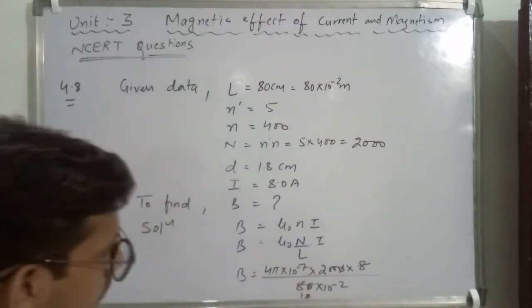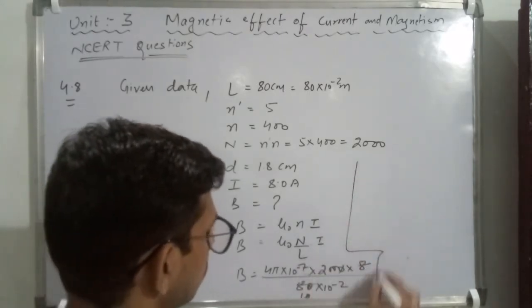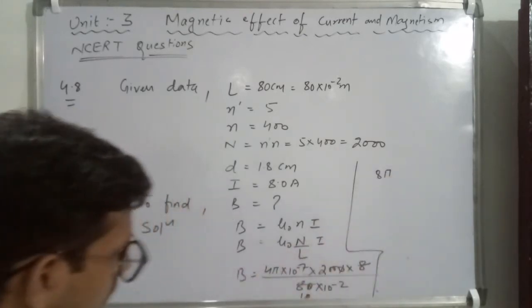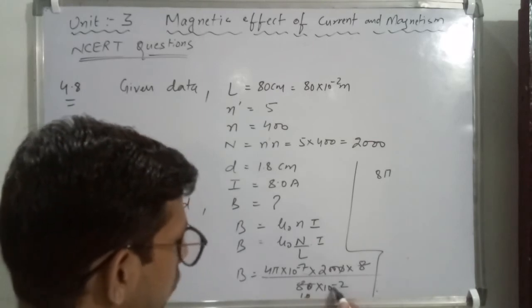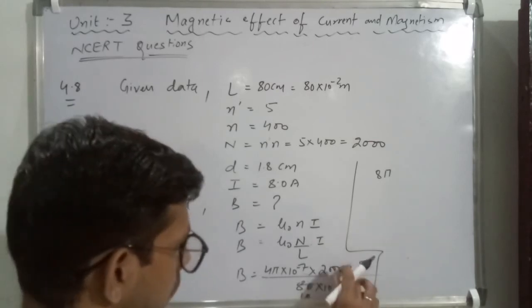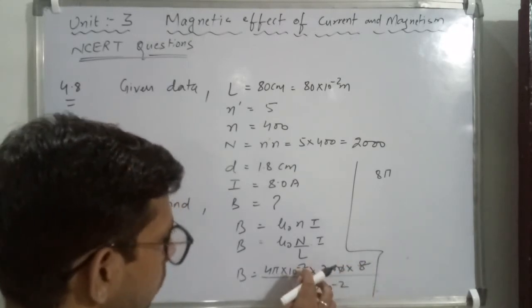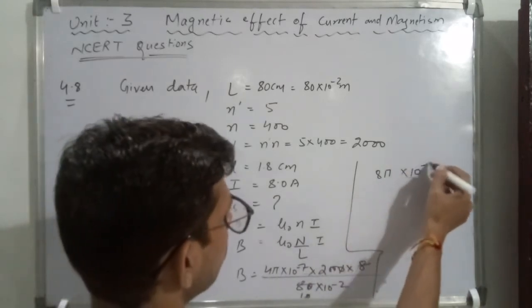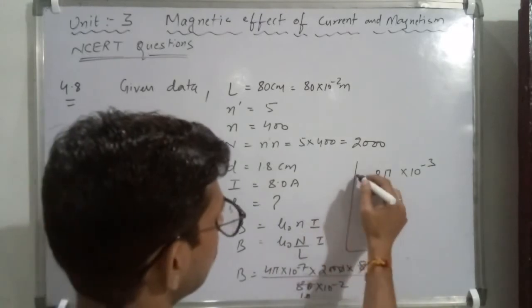It will be 8 pi into 10 raised to minus 2. When they come up, plus 2 and plus 4, and this one is minus 3, into 10 raised to minus 3. Okay, so this will be the calculation.